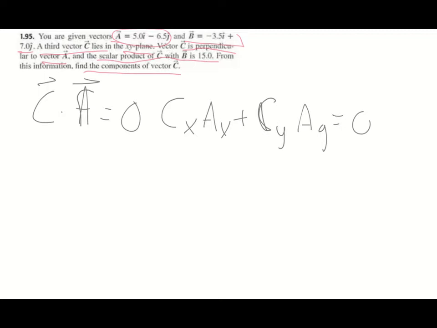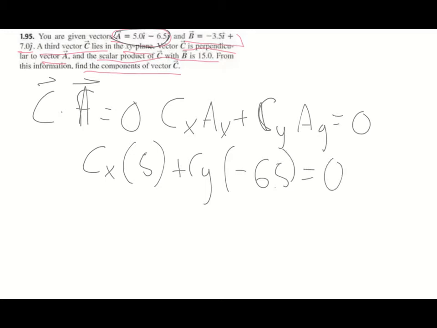Now we can plug our numbers in, because we have the information about vector A. So we've got CX times 5 plus CY times negative 6.5 equals 0. I'm going to bring the negative one to the other side and put the coefficients in front. So 5CX equals 6.5 CY.